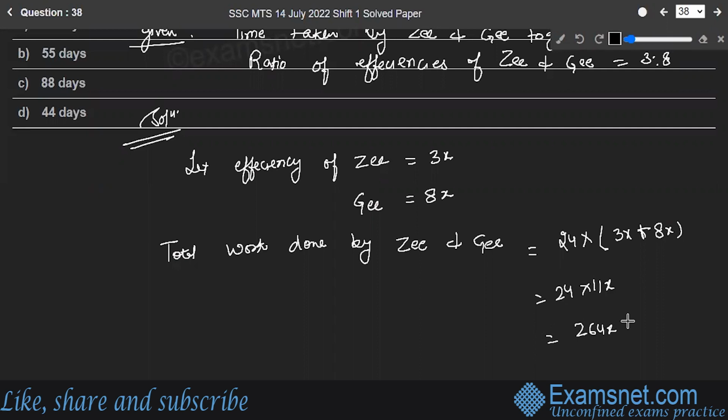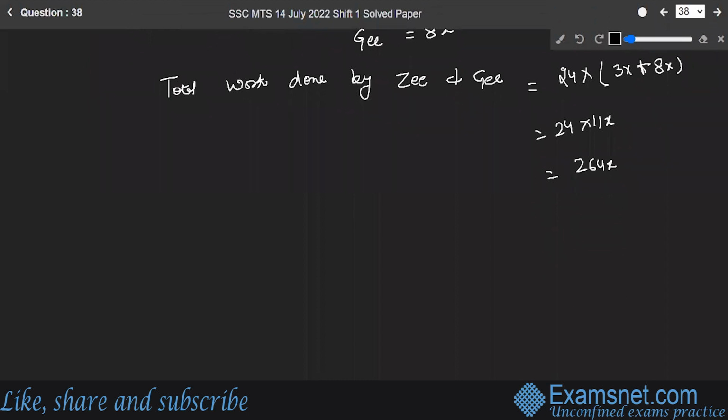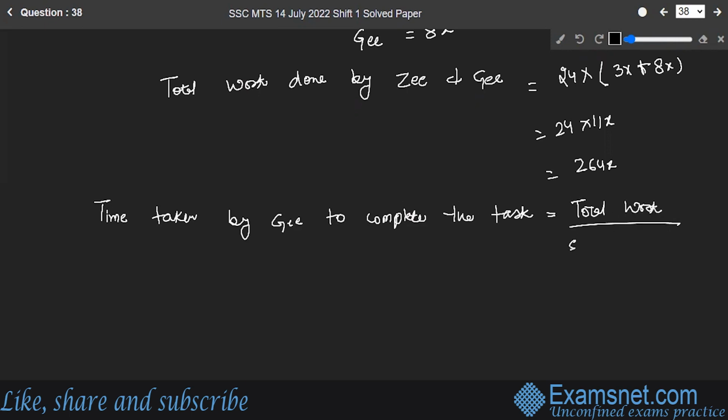Okay, so the time taken by G to complete the task is total work upon efficiency of G. Now, the total work was equal to 264x and the efficiency of G was 8x.